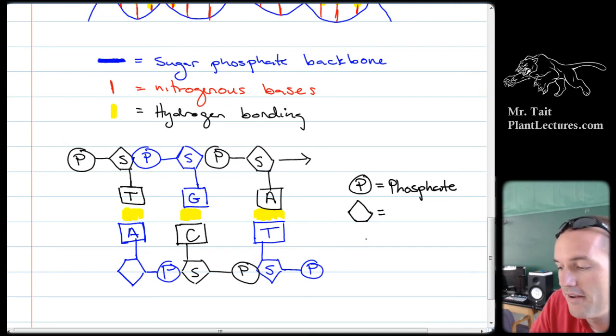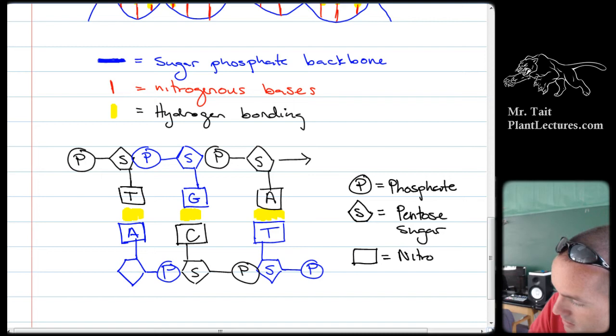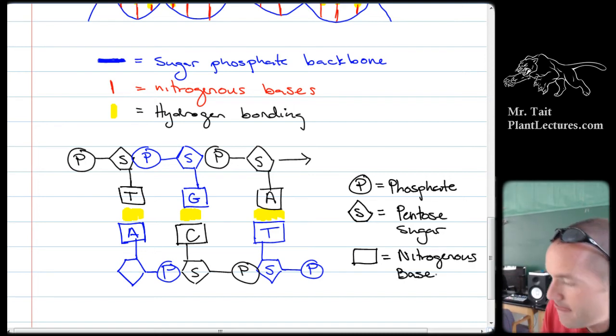How do you know? Because you've got DNA and because there's thymine in it, right? So this is the pentose sugar. And then the last thing is this, and that was the nitrogenous base. Make sense?